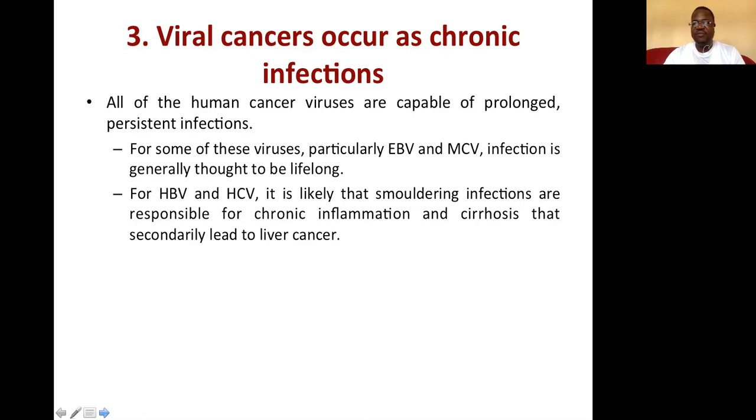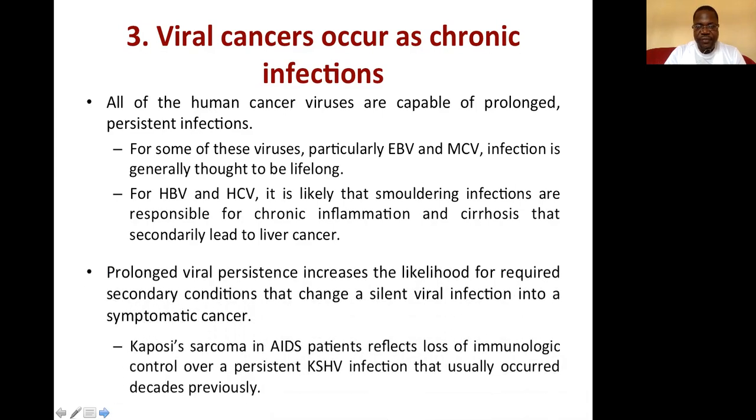For some of these viruses, like EBV and MCV, the infection is generally thought to be lifelong. But for hepatitis B and C, it is likely that smoldering infection is responsible for chronic inflammation. Then the patient will progress to cirrhosis, and secondarily to liver cancer.